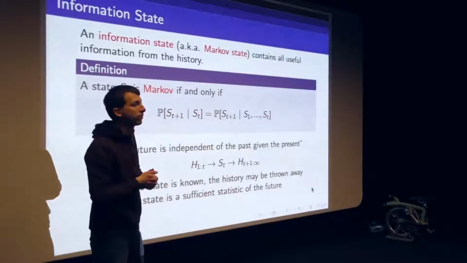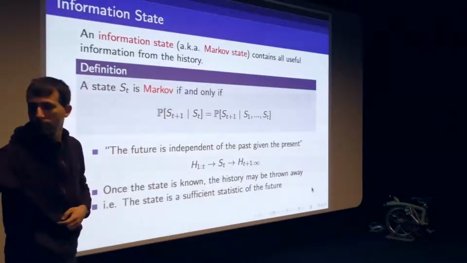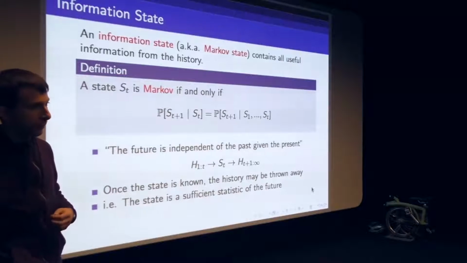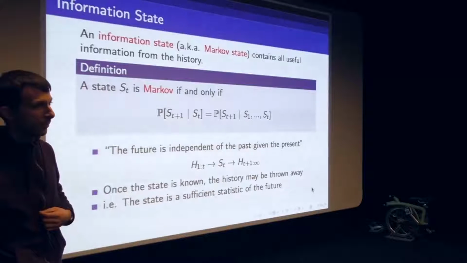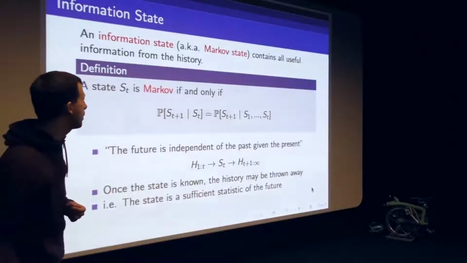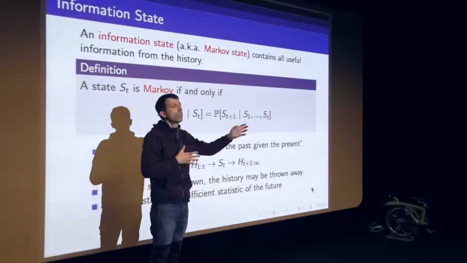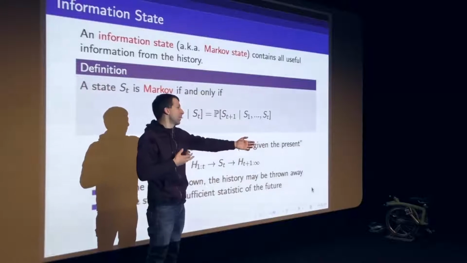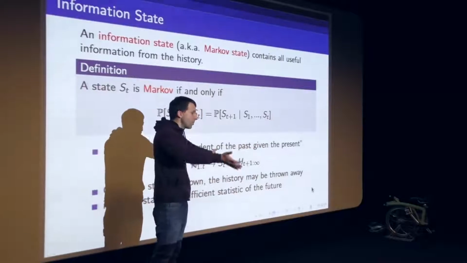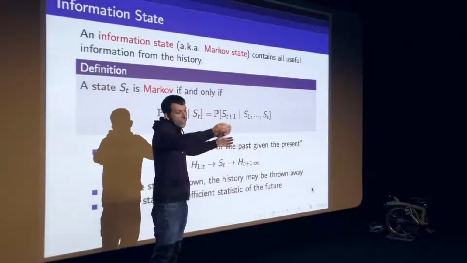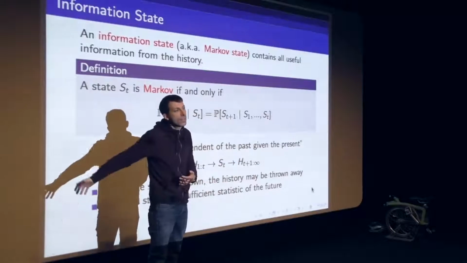Yeah, question? I think you said at the beginning that the reward could come many time steps after the observation and the action. Yes. So how does that reconcile with the fact that you're throwing everything away except the previous time step? That's fine. All we're saying here is that everything we can say about the future, the distribution of events that might happen to us, conditioned on this state is the same as if we conditioned on the full history.